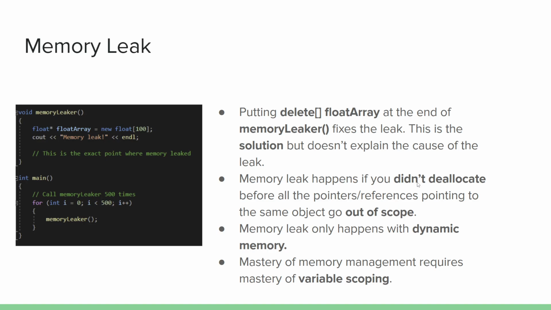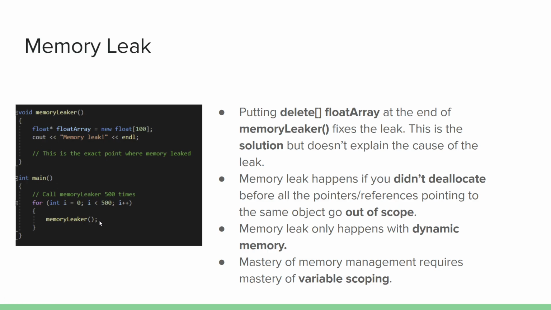Memory leak happens if you don't deallocate before all the pointer references pointing to the same object go out of scope. So what do you mean out of scope? If you have this float array, you created this in a function. What do we mean by going out of scope is what happens if the code is running already outside, outside of memoryLeaker.